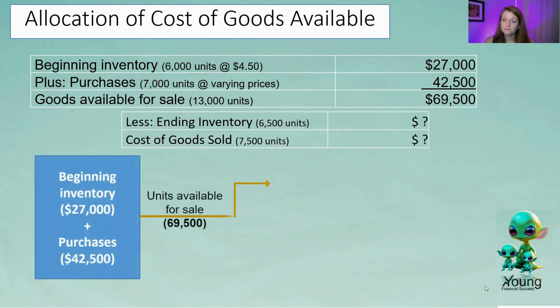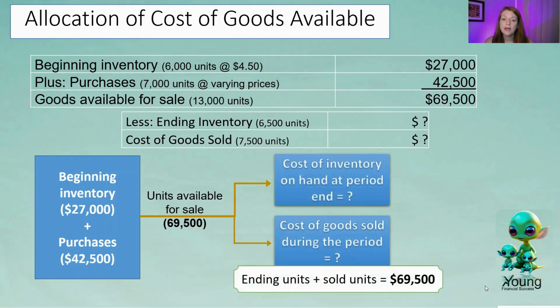So when we're calculating the cost of goods available for sale, we would just take that beginning inventory, the $27,000, plus the purchases of $42,500. Our total goods available for sale cost us $69,500. That will also equal our ending inventory plus our cost of goods sold.